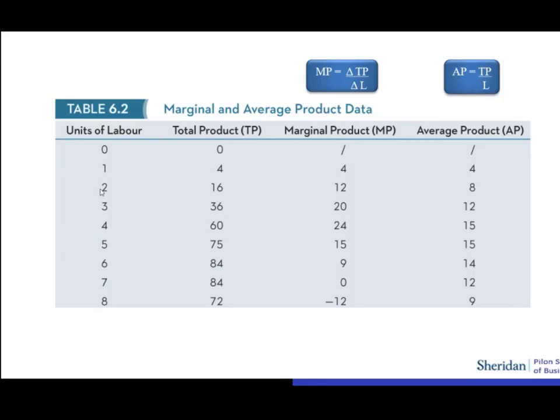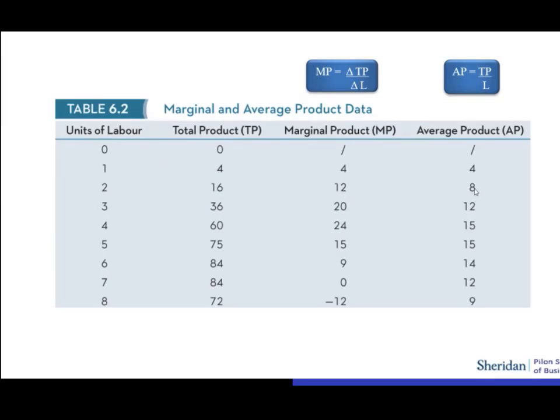But now when we hire the second worker, our total product, we get this boost. Marginal product increases. So of course, our average product is also going to be increasing. But on average, this worker contributed 12, but this worker contributed 4. So, the average is going to be 8 if we take the total 16 divided by 2. Okay, so the marginal product will be higher than the average product.